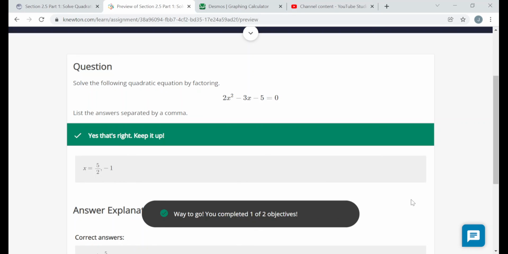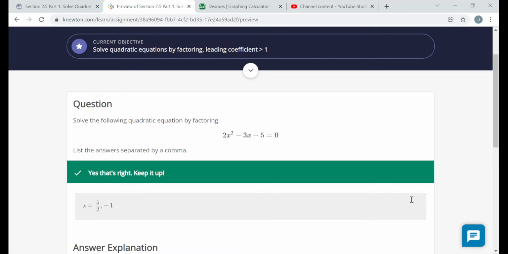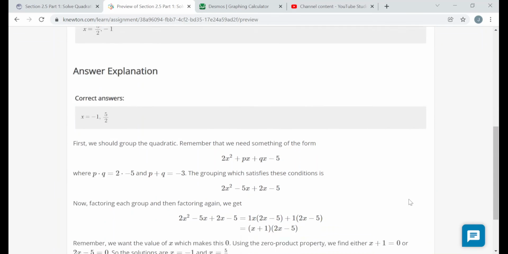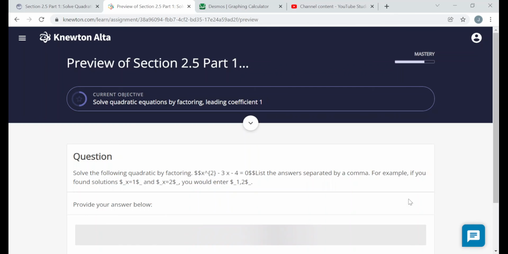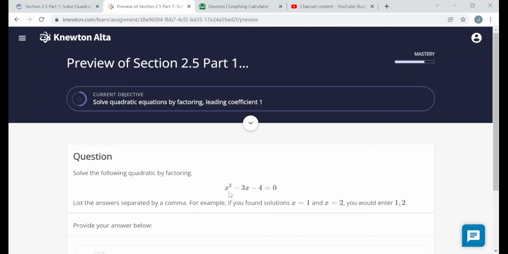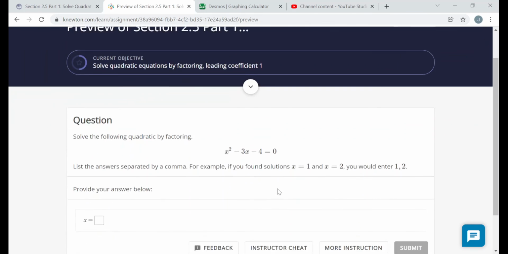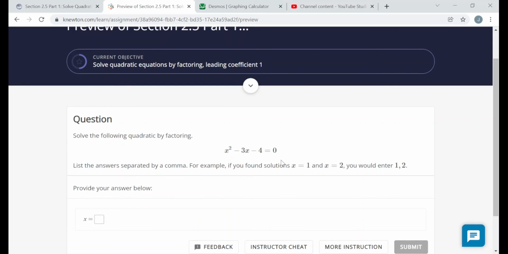Wonderful. Alright, so that objective's done. So the only questions left, I should have a lead coefficient of 1, so it makes it even easier. And once again, it's already set up where everything's on one side, zeros on the other.